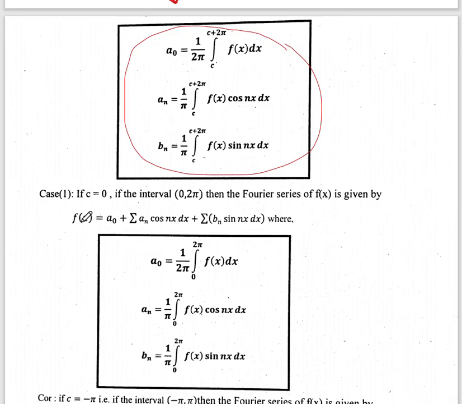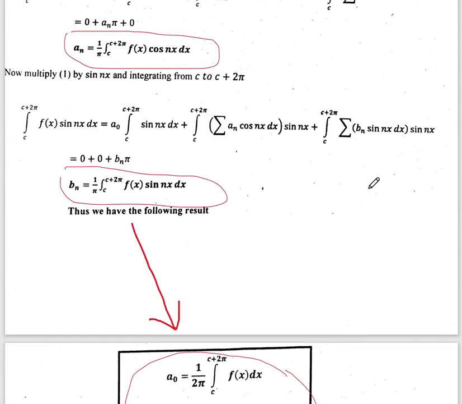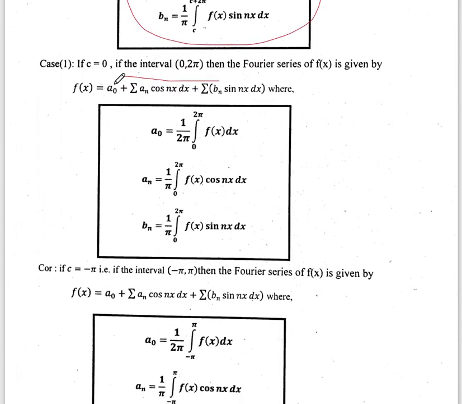In the above definition, if we put c equal to 0, then the interval becomes 0 to 2 pi. So case number 1: if c equals 0, then the interval becomes 0 to 2 pi, and the Fourier series is given as f of x equals a0 plus summation n equals 1 to infinity an cos nx plus summation n equals 1 to infinity bn sin nx.